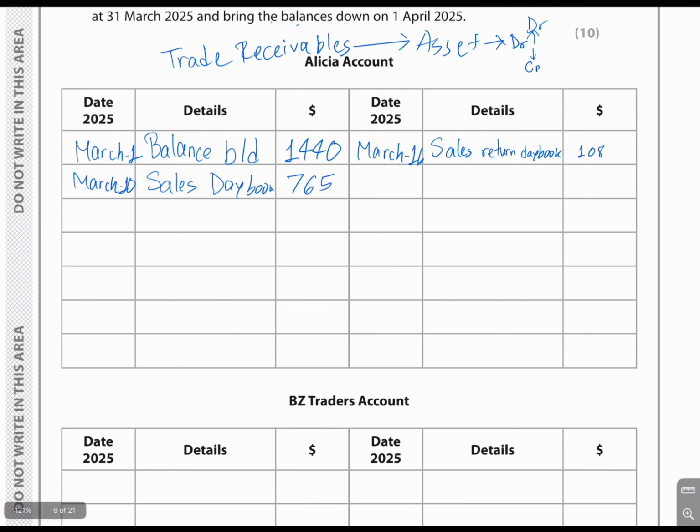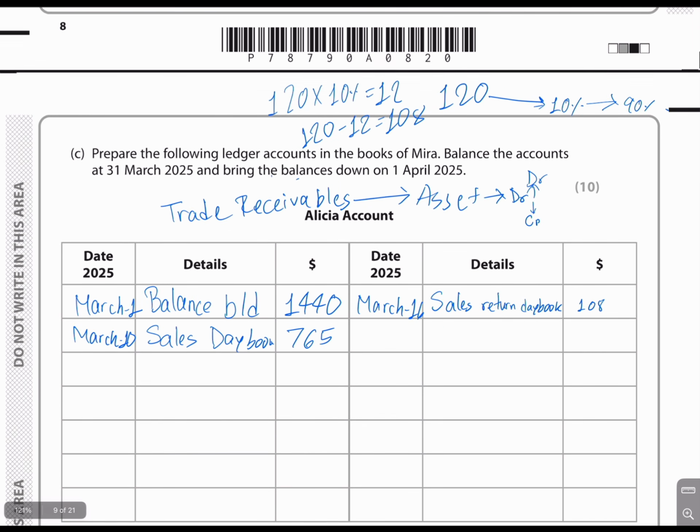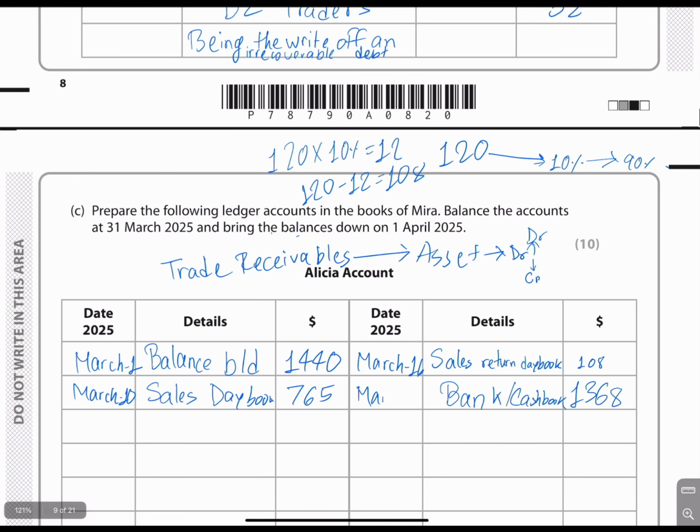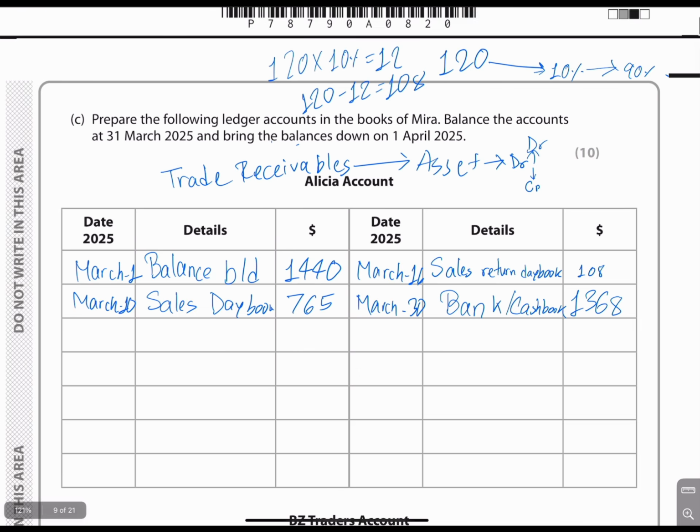If they're getting a discount, they will pay after cutting the discount. So the amount after discount is 1368, as this is from bank transfer. You can either write bank or you can also write cash book, whatever you want. The date is March 30th, and we have 1368.